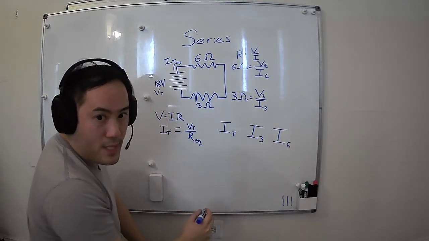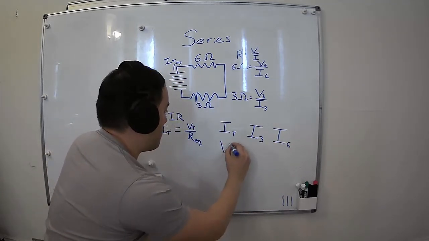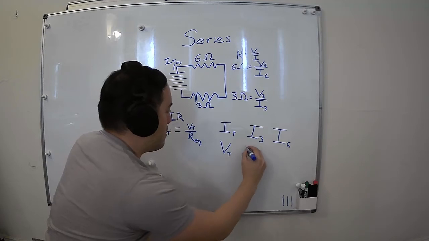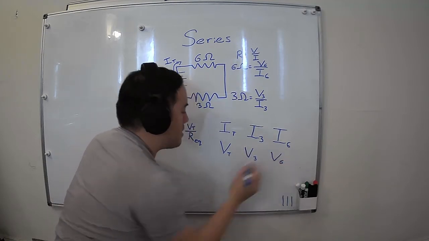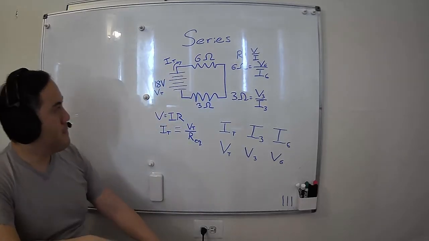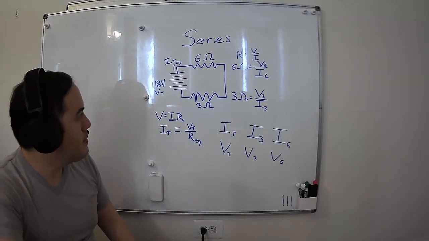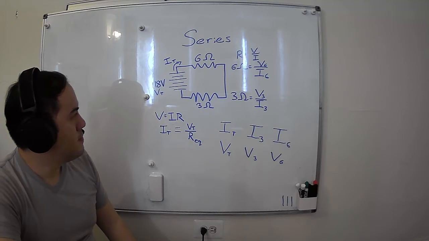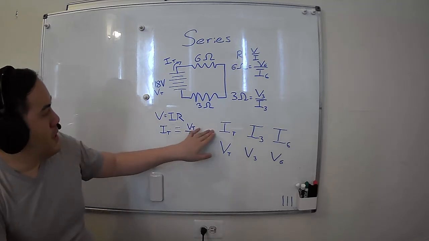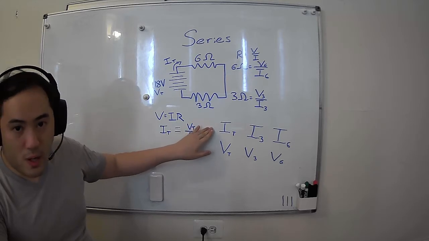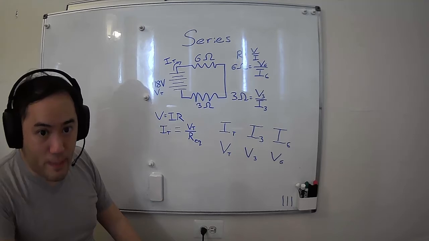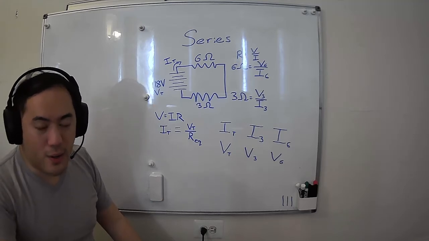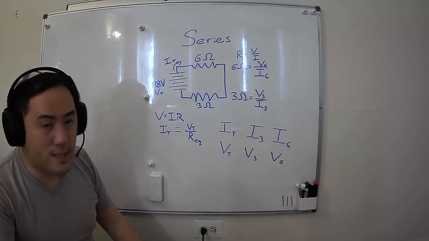And then we gotta make an important realization about V total, V3, and V6. First one is based on Kirchhoff's junction rule. For every junction, and that means every point in the circuit, the current in equals the current out.